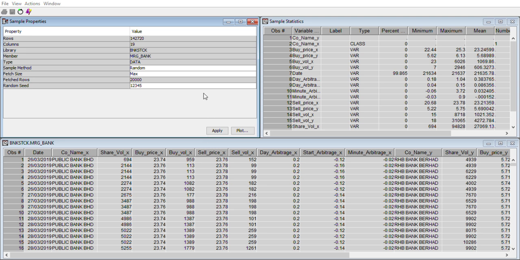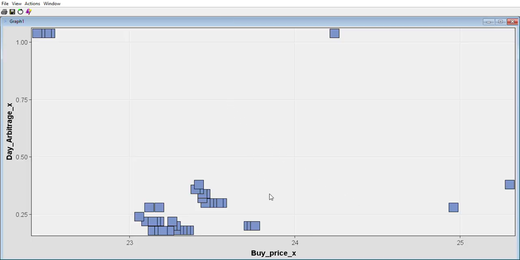So we correlate the day arbitrage with the buy price to see what kind of arbitrage opportunities we can look at for certain buying prices. Then we put it on the x-axis, and we finish off this plot without any further cosmetics.